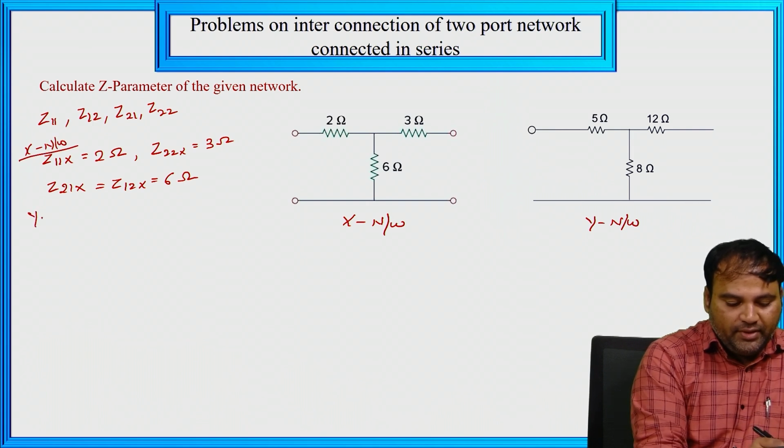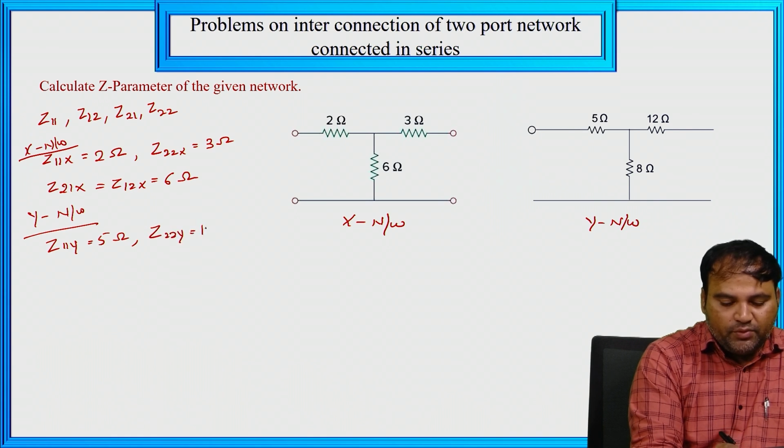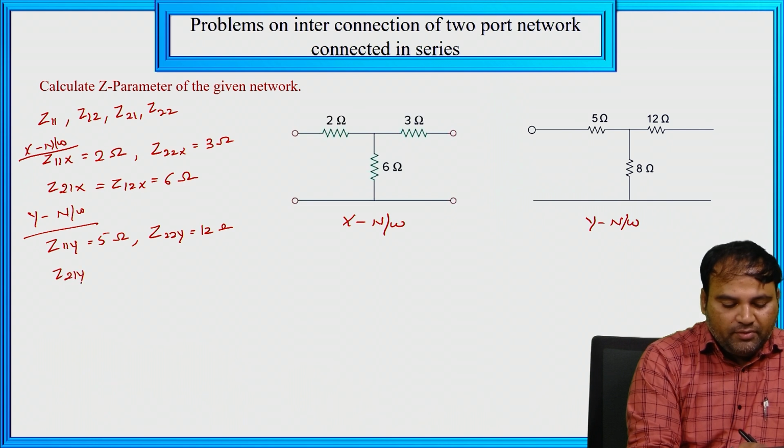For the Y network, Z11Y equals 5, Z22Y equals 12, and Z21Y or Z12Y equals 8.